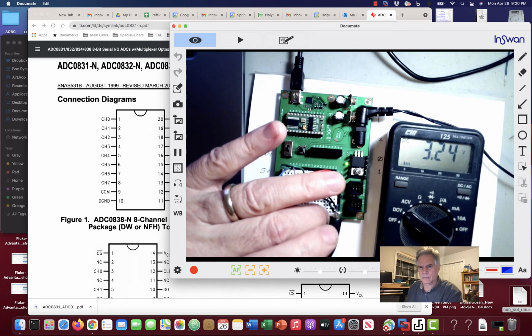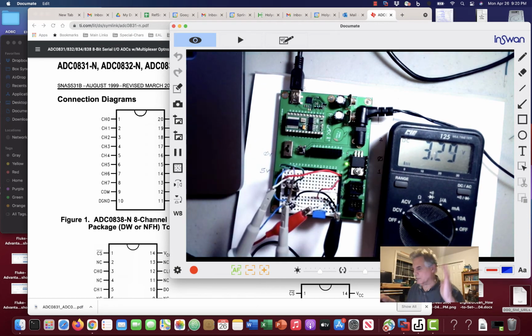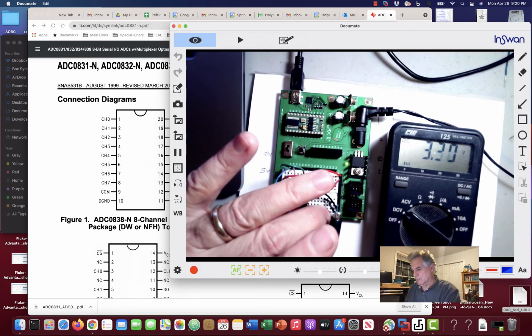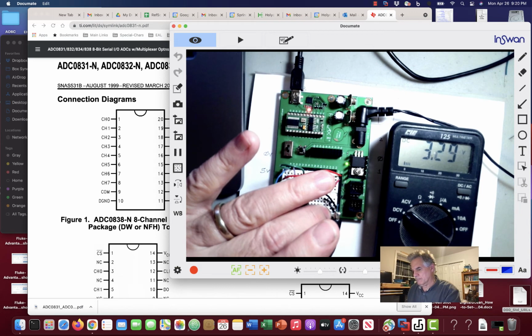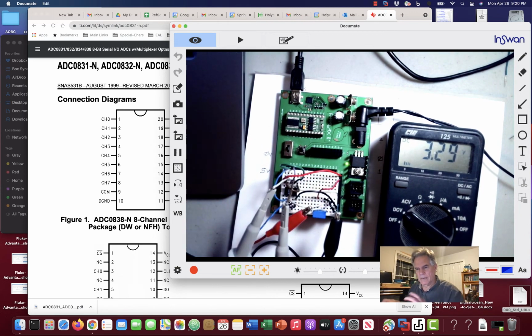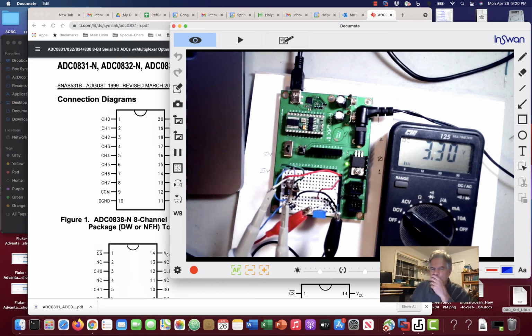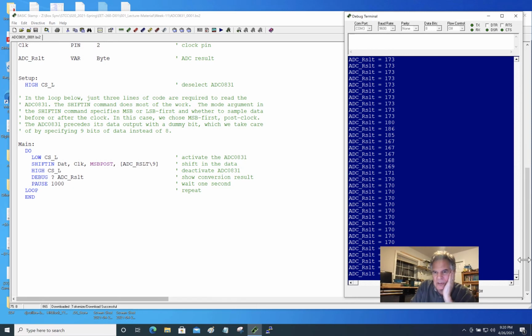No. 3.3. Better yet. 3.3 volts, 3.29. Okay, so if we go over here, we got a new number now. We're getting 170.